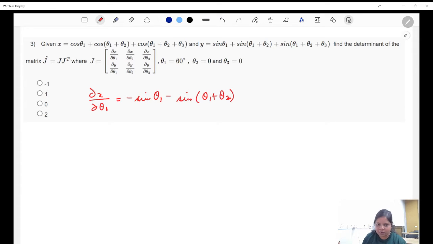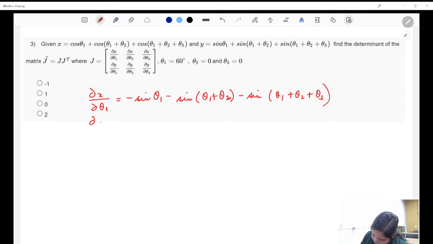For theta 1 it becomes 1, for theta 2 it would be 0. So you'll just have this term multiplied by 1. Apply the chain rule, okay? And then the third term is sine(theta 1 + theta 2 + theta 3).